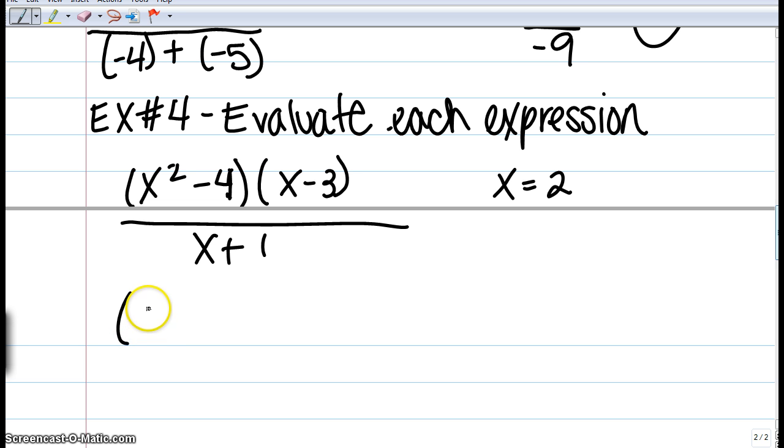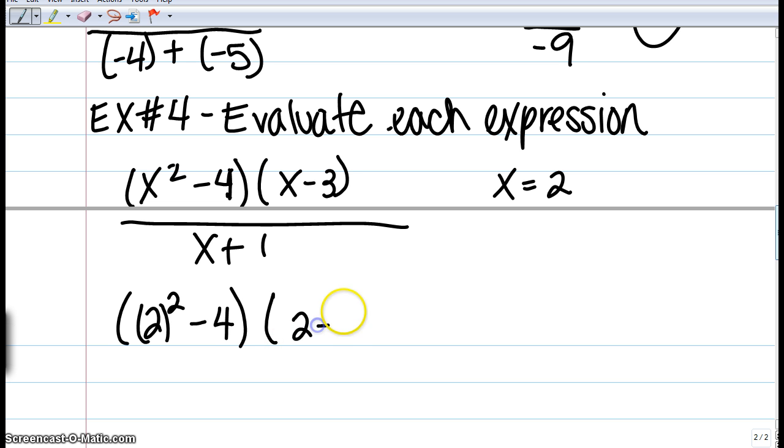I'm going to have 2 squared minus 4. And you want to put this 2 in parentheses, especially if it's a negative. If it's not a negative, you don't have to worry so much, but you got to remember to include the negative sign because a negative 2 times a negative 2 is different than negative 2 squared without it being in parentheses.